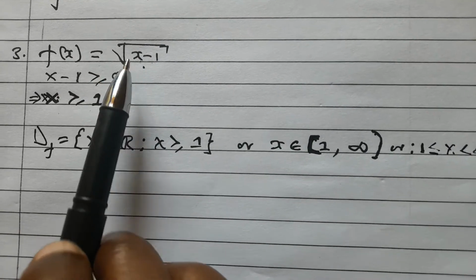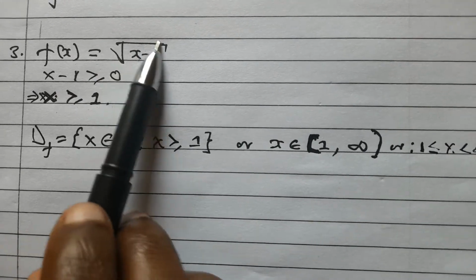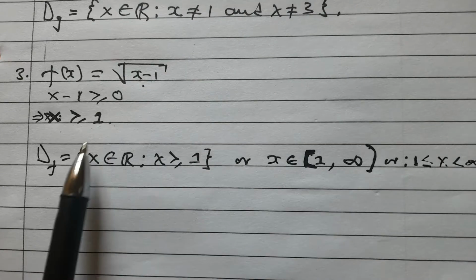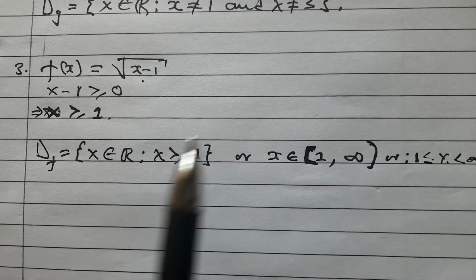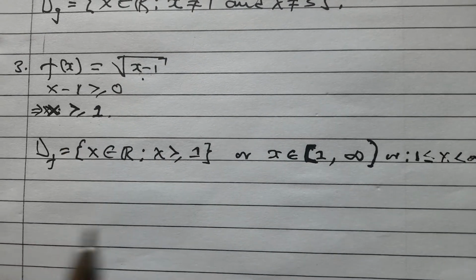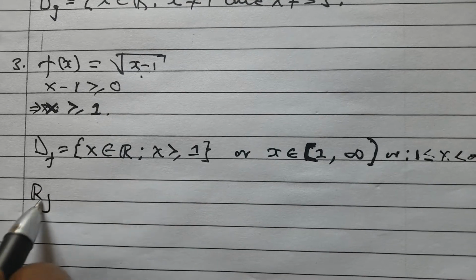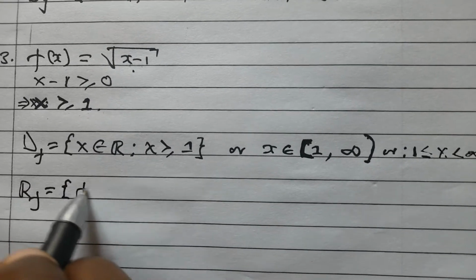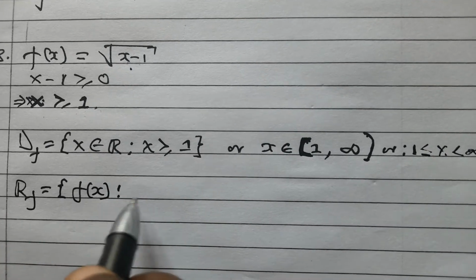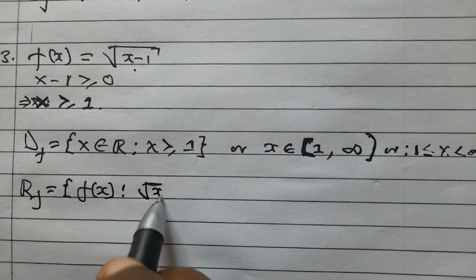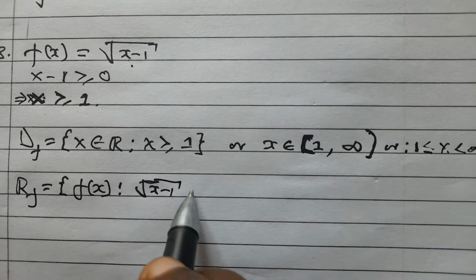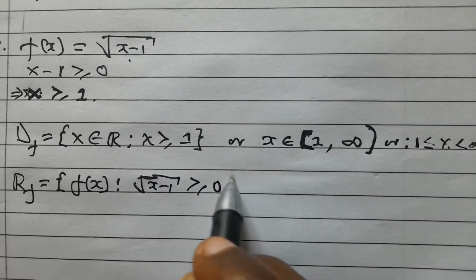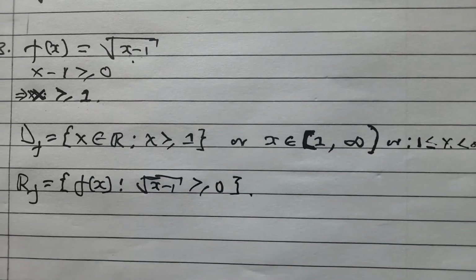So this means that the range should be such that this is greater than or equal to 0, because the minimum value of x we can use is 1. So I can say the range of the function f is the set of f of x such that the square root of x minus 1 is greater than or equal to 0.